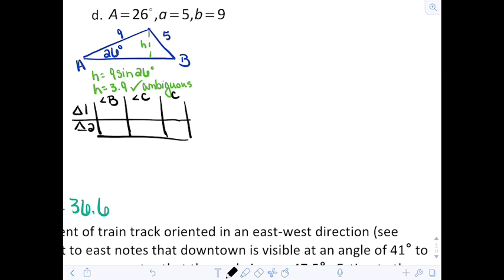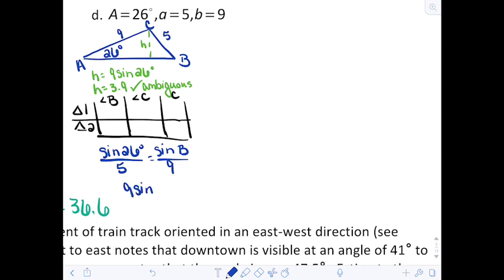Okay. So, as I look at these now, I'm going to just look at this first triangle before I rotate that side of 5 in and swing it the other way. So I'm going to take the sine of 26 degrees over 5 equal to the sine of B over 9.